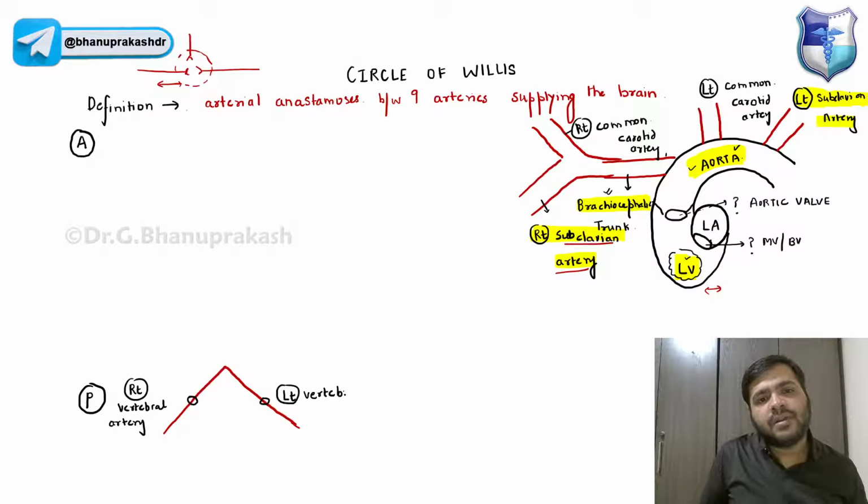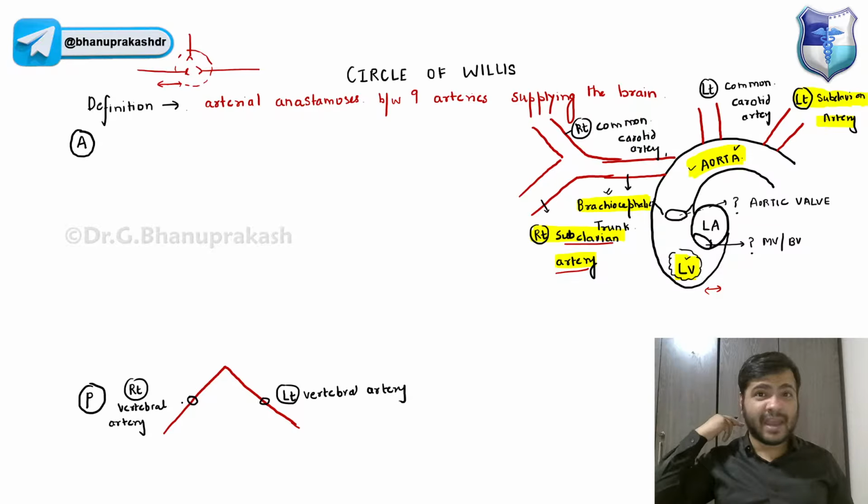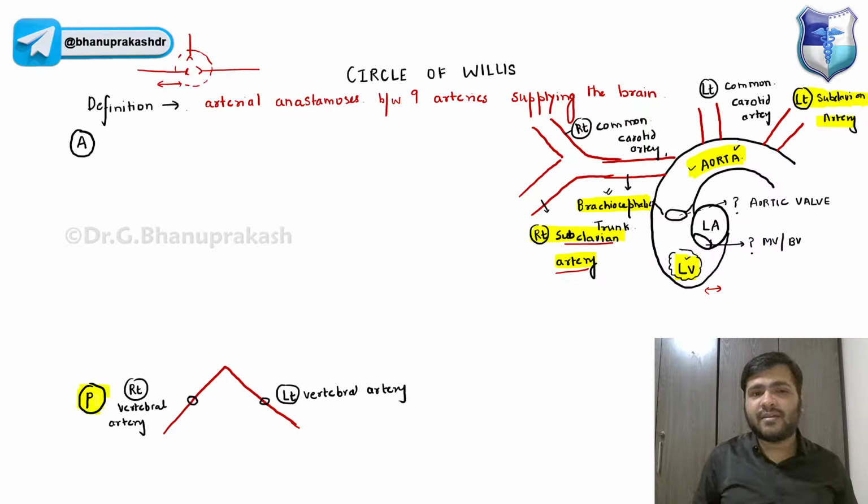Obviously, the vertebra is behind, so we are starting from this posterior part right now. The right vertebral artery is a direct branch from the right subclavian artery, which comes from the brachiocephalic trunk, aorta, and left ventricle.